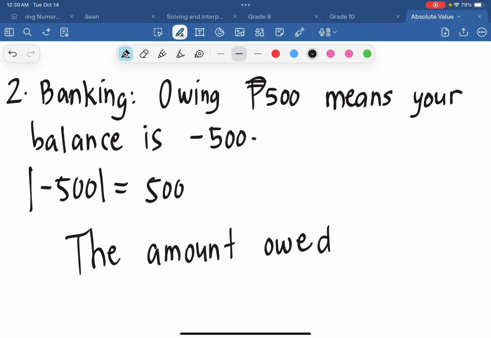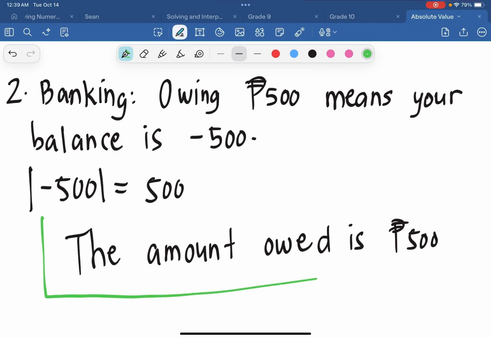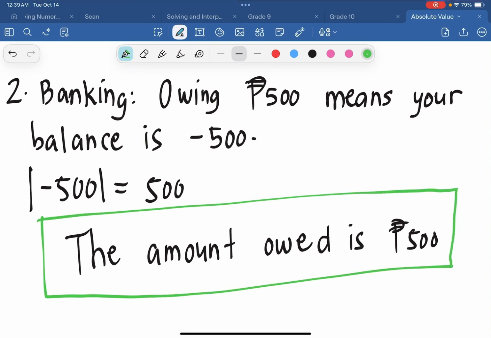Because we don't necessarily say to someone, or even to yourself, that I owe a negative certain amount of money. We could just say I owe an amount of this and that. So that's it for banking.